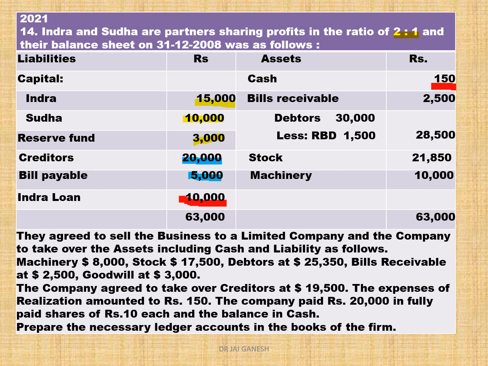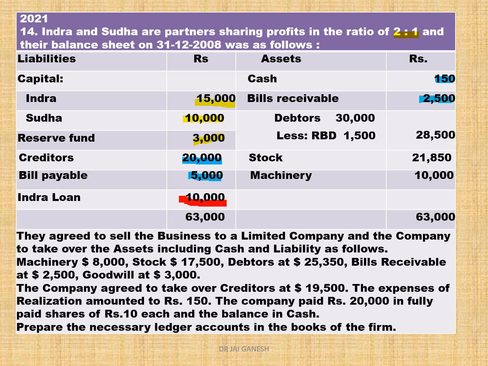So cash is also taken over by the company. So clearly mentioned here, including cash is taken over. So thus cash should be transferred to debit side of realization account.